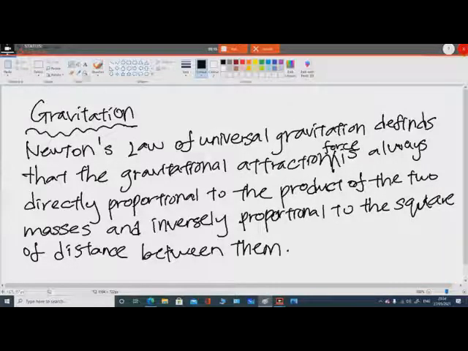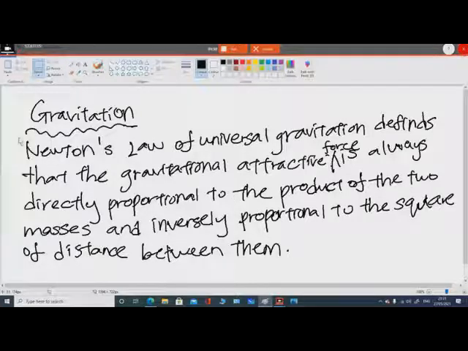And this one should be attractive. So the gravitational attractive force is always directly proportional to the product of the two masses and inversely proportional to the square of distance between them. So this is the definition, and this is the qualitative explanation.